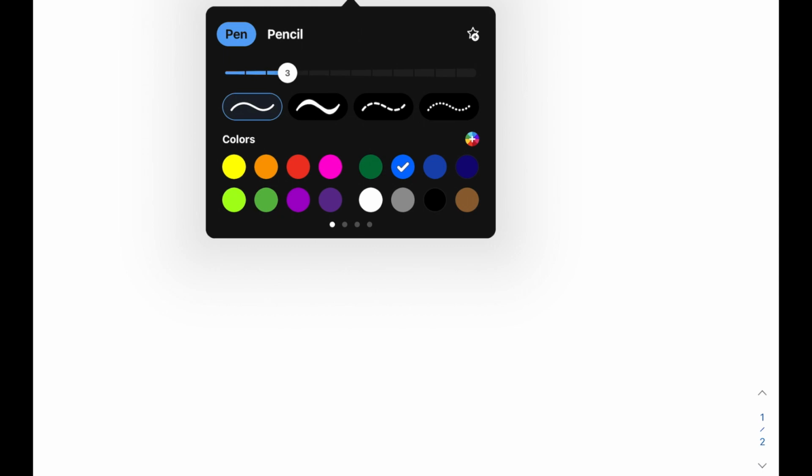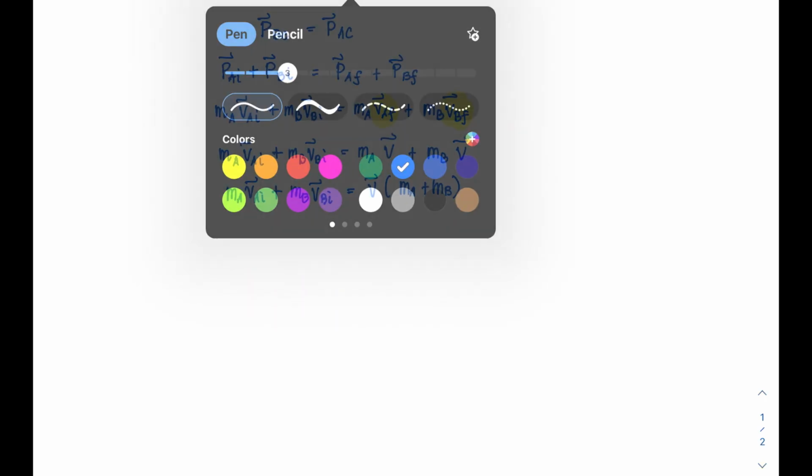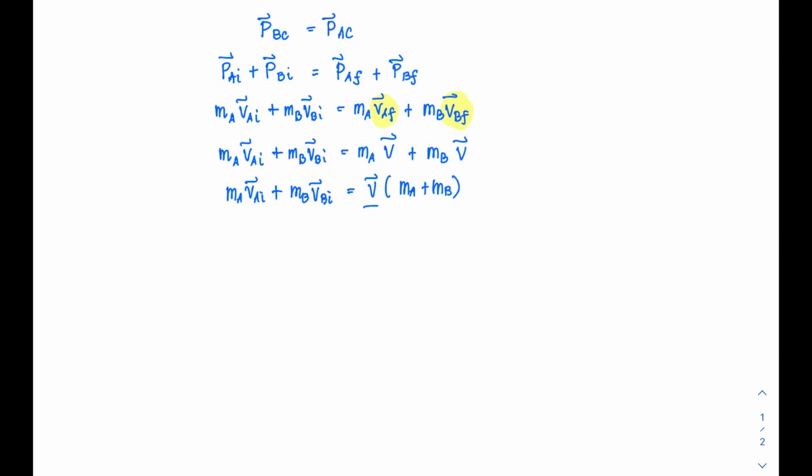Now, upon inspection, as we often do in our class, mass A is given, V_Ai is given, mass B and V_Bi are also given, and V is something that we don't know. So we have one equation, one unknown, so we don't have any problem at all. I can solve this equation directly by dividing both sides by M_A plus M_B to isolate the unknown.